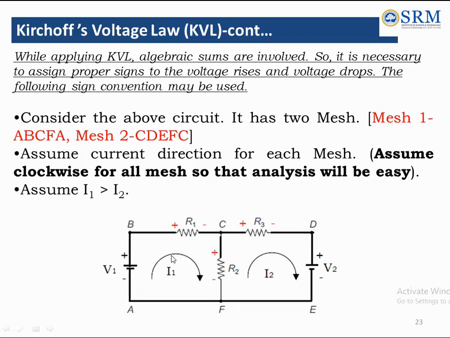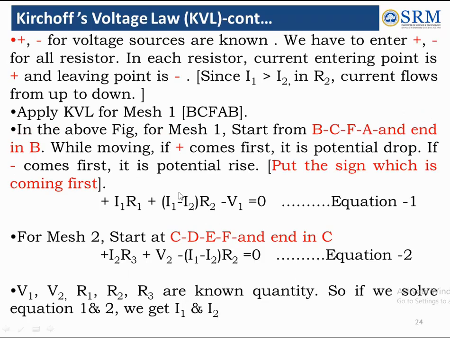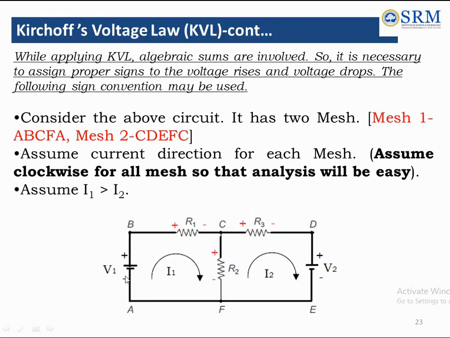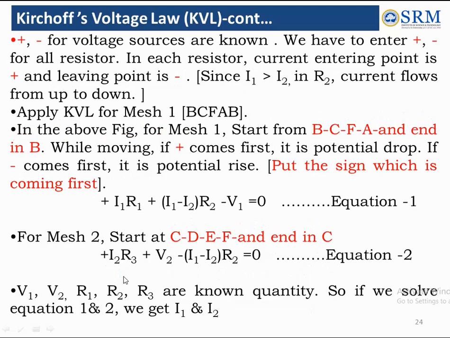So Kirchhoff's voltage law gives I1 into R1, plus R2 into I1 minus I2, since there are two currents that can flow in this common branch. So (I1 minus I2) into R2, minus V2, since it is entering the negative terminal, equal to 0. In the same way we have to write it for mesh 2 also.